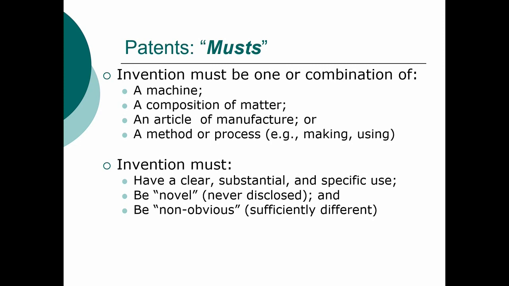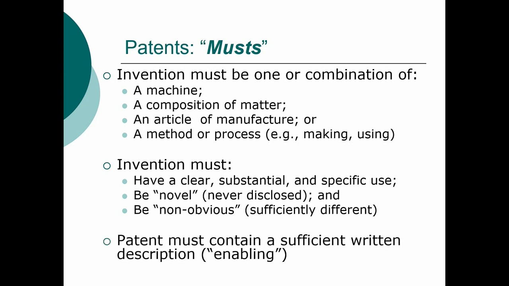So maybe your exact invention wasn't disclosed, but you've got two or three that are kind of like it, and if you put those two or three together, you basically have gotten your invention. That would be considered obvious. So if you're going to get a patent, you've got to be able to demonstrate, no, my invention is sufficiently different from everything that came before.